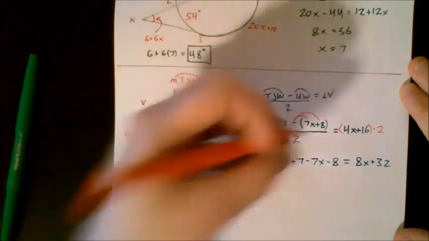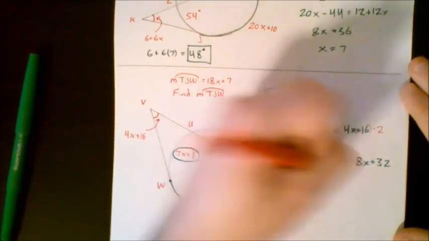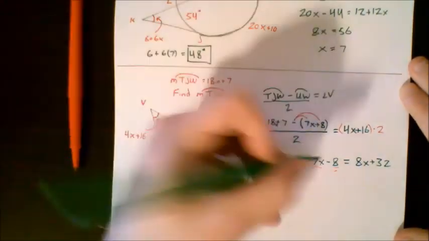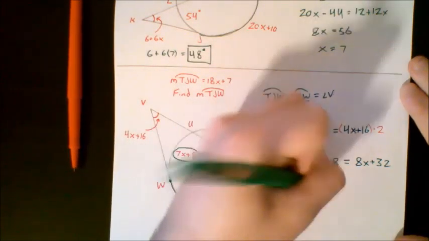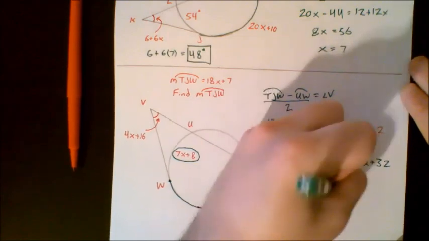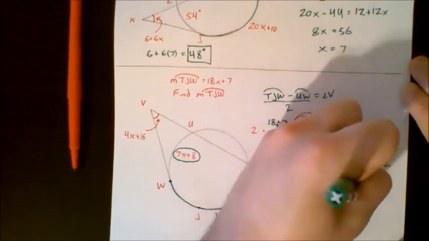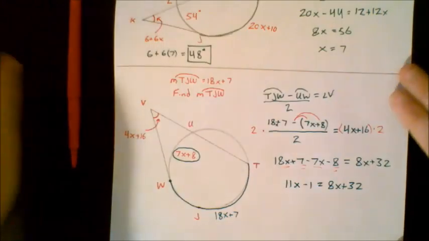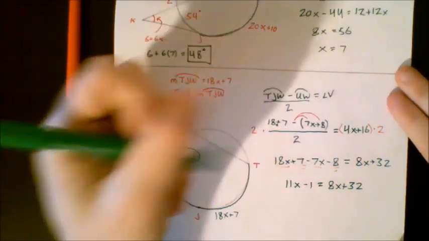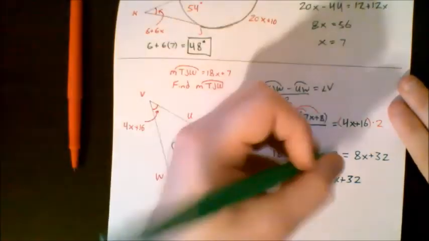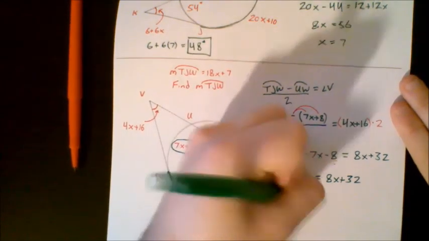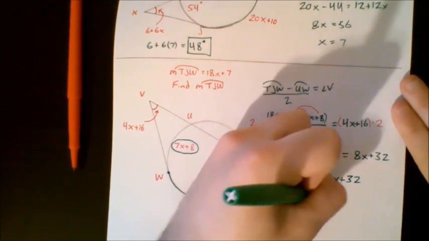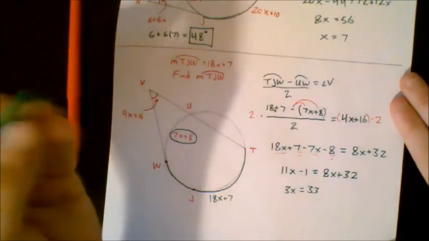Let's go ahead and combine our like terms. 18x minus 7x, we have 11x minus 1 equals 8x plus 32. Use some algebra, subtract 8x on both sides, add a 1 on both sides. That gives us 3x equals 33. Therefore, x equals 11.